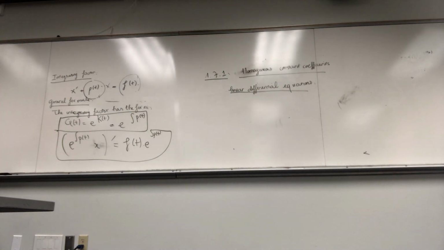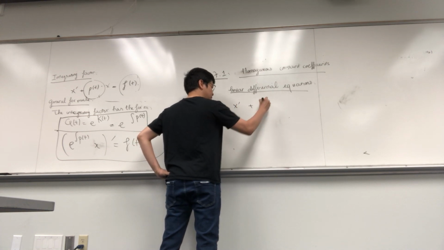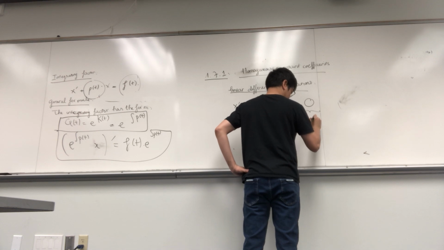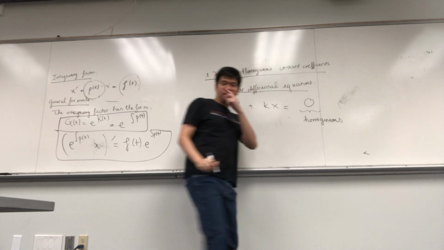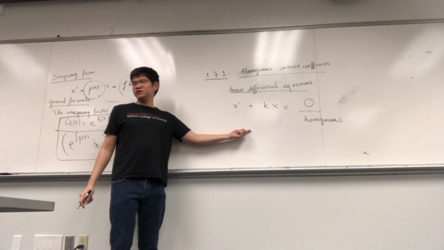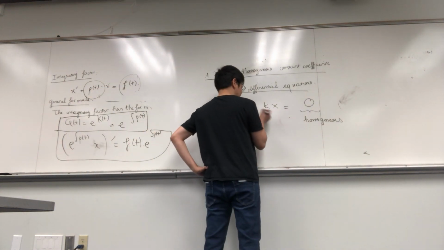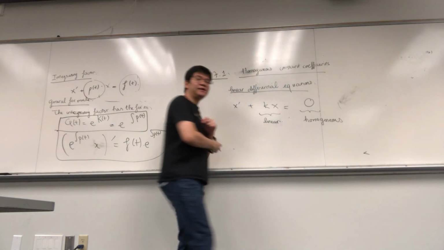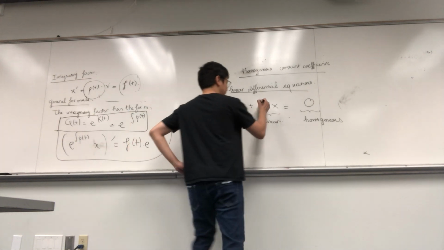Right, now we want to learn something easier. This is homogeneous, which means that you have x prime plus k x is equal to 0. All right, this is homogeneous because f is 0. This is linear because this term is linear. And we have constant coefficient, right? Which means that this has to be a constant.